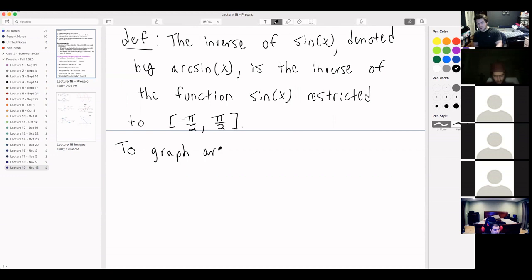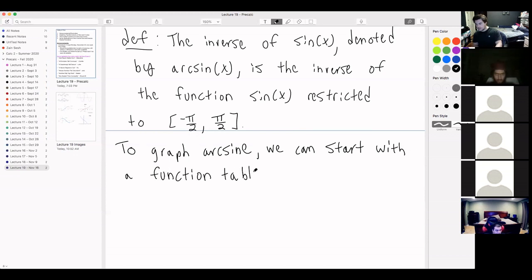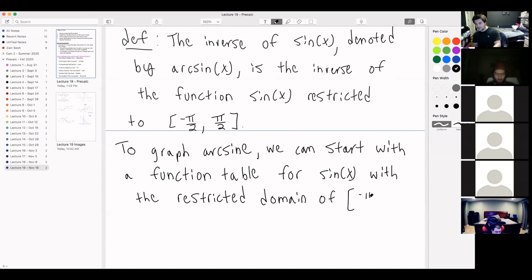To graph arc sine, we can start with a function table for sine of x with the restricted domain of, again, minus pi over 2 to positive pi over 2.